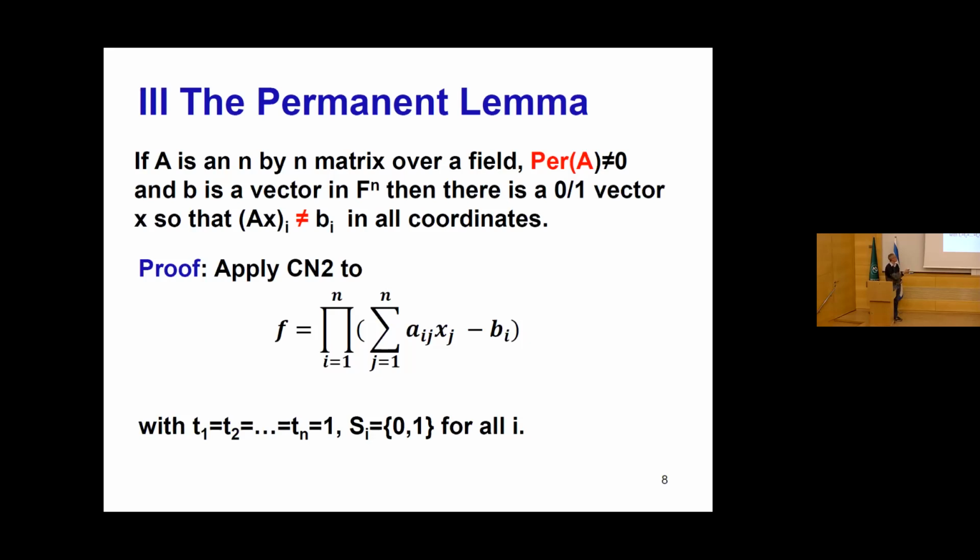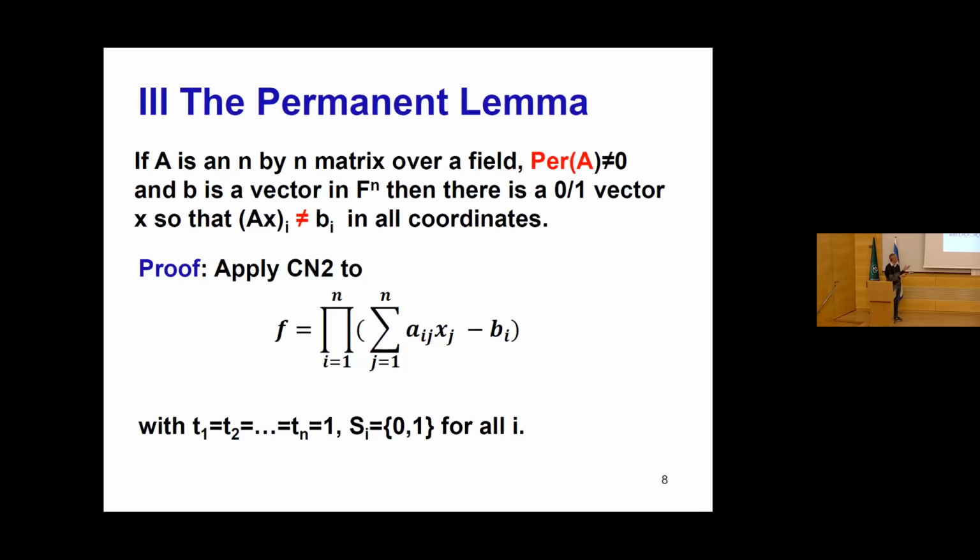So we apply Alon's Combinatorial Nullstellensatz to the following polynomial. Again, it's a product of terms. The ith term is a term that will ensure, if the value of the polynomial is non-zero, that the ith entry of A times x is not equal to bi.